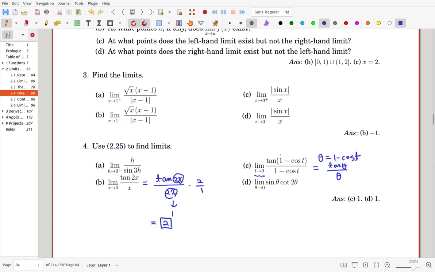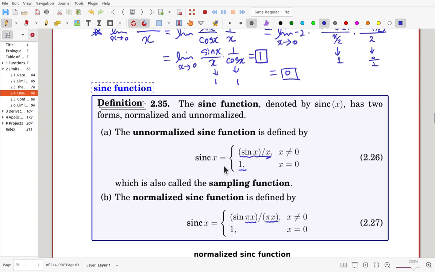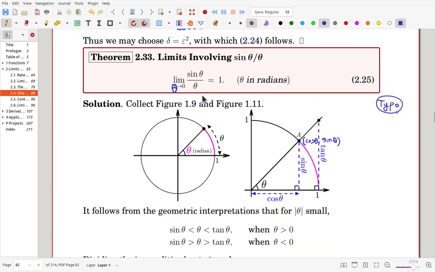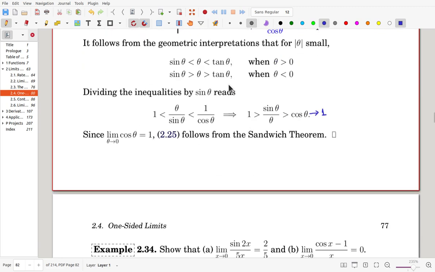So the problem can be written as the limit as theta approaches 0 of tangent theta divided by theta. So the value is 1. Right? For all of these problems we use equation 2.25, the limit of sine theta over theta as theta approaches 0 equals 1.